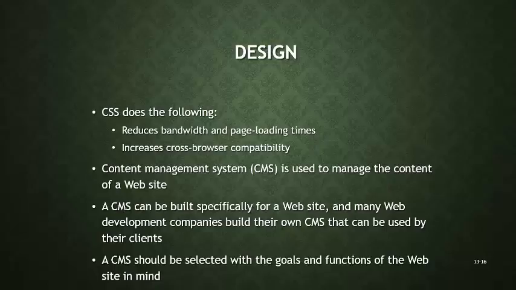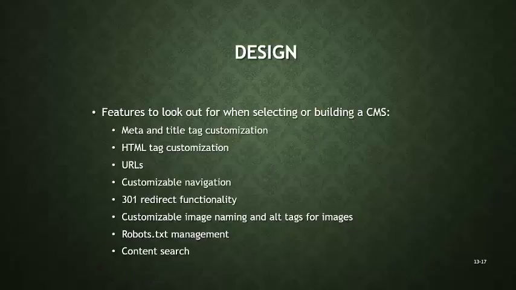But there's lots and lots of CMS systems out there, and so you need to choose one that has the different functionality that you want for your website and what you're planning on doing for your website. So some things to look for then is some kind of meta and title tag customization you can do.